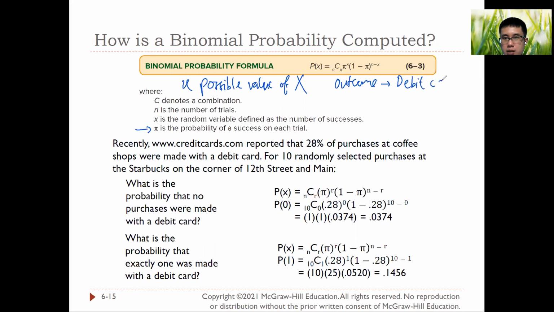Use debit card, and second is no debit card, like this. We have only two outcomes here, and they are mutually exclusive: debit card and no debit card.